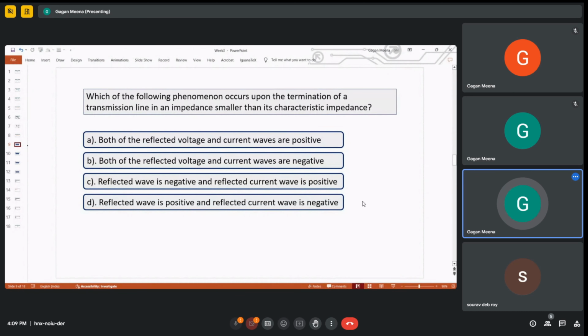So we have seen the reflection coefficient is VB by V forward, which is Z minus ZC upon Z plus ZC. Now it is said that termination occurs in an impedance smaller than ZC. So Z is less than ZC here. That means rho becomes negative, right?